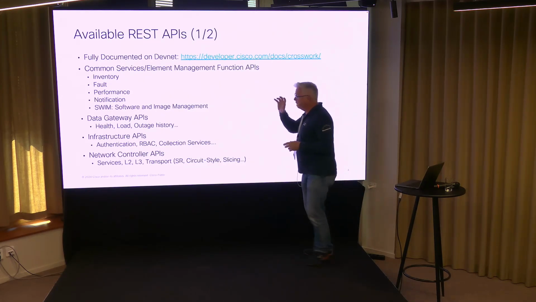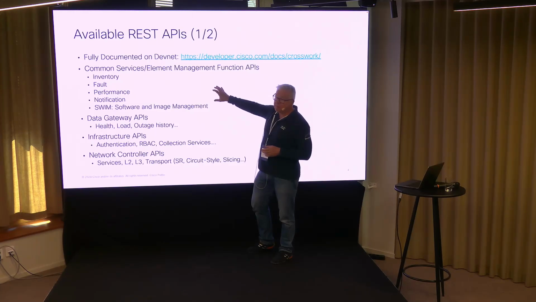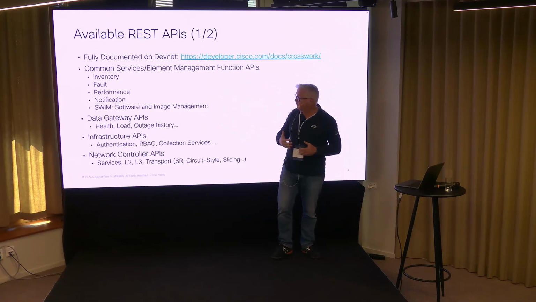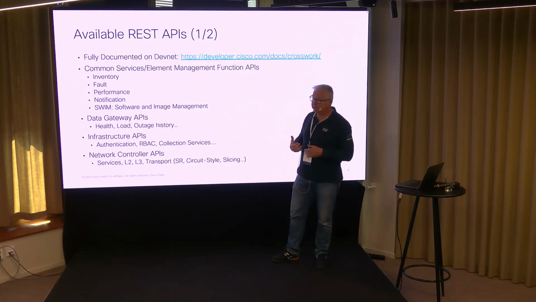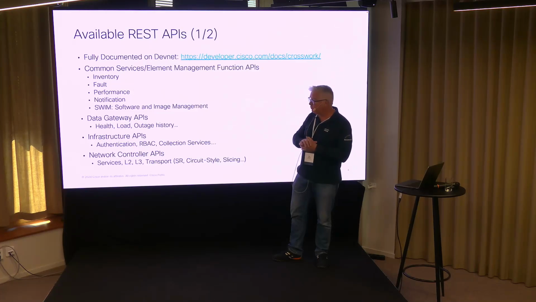As we discussed earlier, you will find APIs at the element management level, to retrieve the inventory, to get fault and performance information, to receive notifications, and to control the SWIM. The SWIM is software and image management, which is how we upgrade the devices.